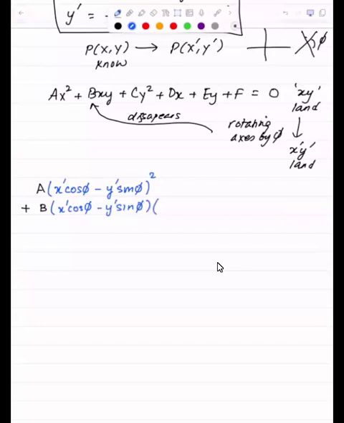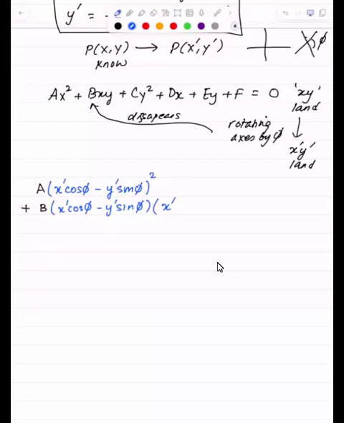And the y term will be, remember the formula for y. I'm trying to make sure I remember it myself.